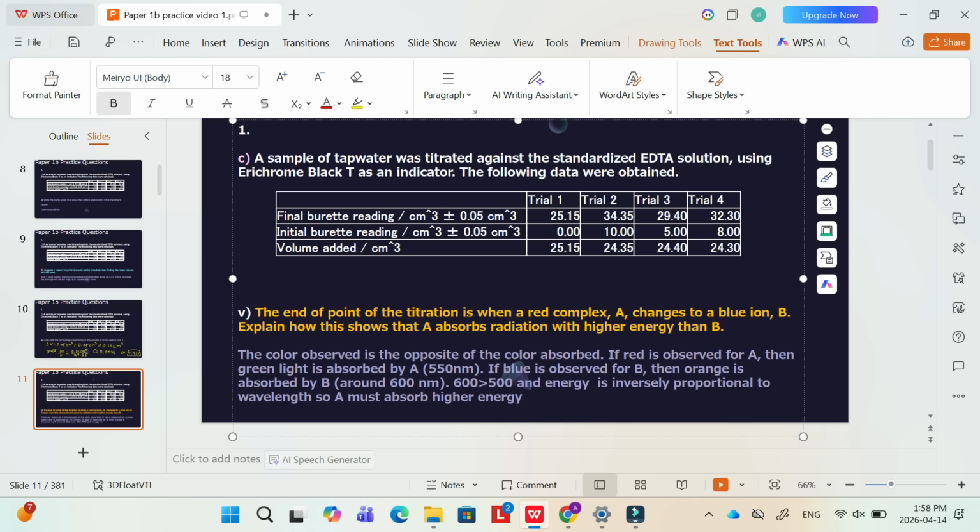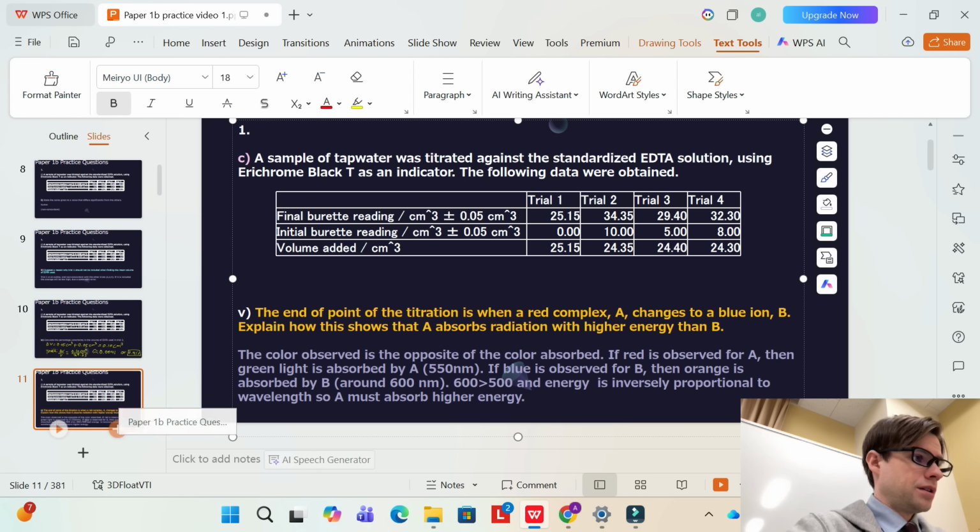A has the shorter wavelength being absorbed. Shorter wavelength means higher energy radiation. I think that's the good way to answer this question. Maybe you don't need to be so wordy or in detail, but I think you do need to identify the opposite colors, the wavelength difference, and the proportionality between wavelength and energy. Good.